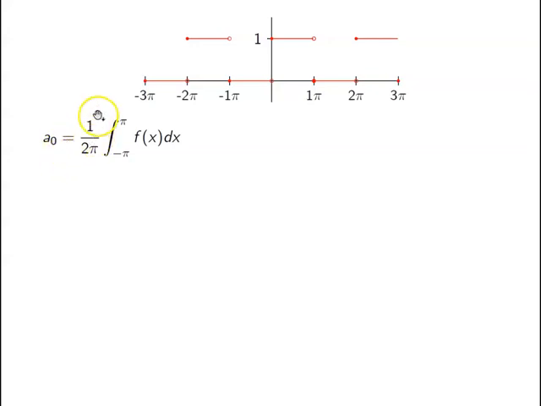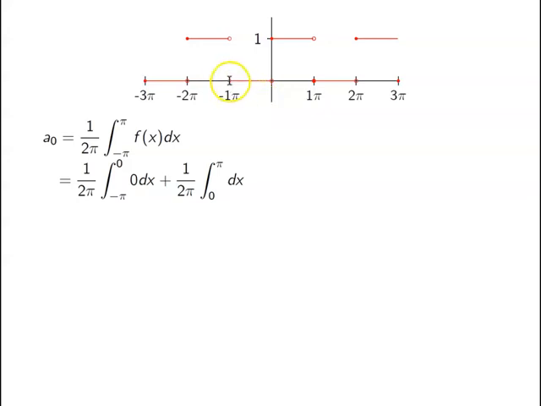Here, a naught equals, again, 1 over 2 pi, the integral times our function. Since our function is periodic and piecewise, the first half is always 0 from negative pi to 0, and the other half is 1 from 0 to pi. So I need two integrals in order to model one period of my function.